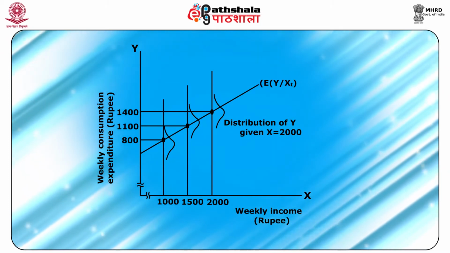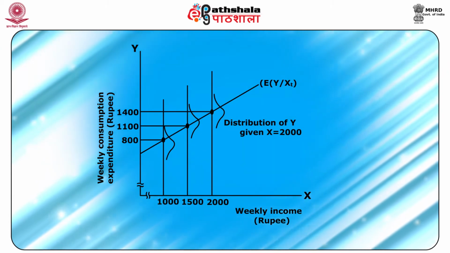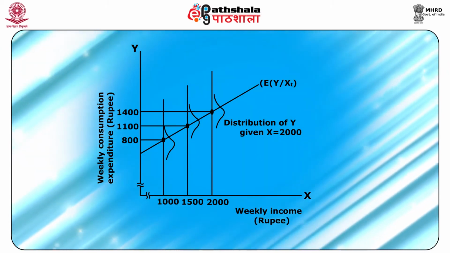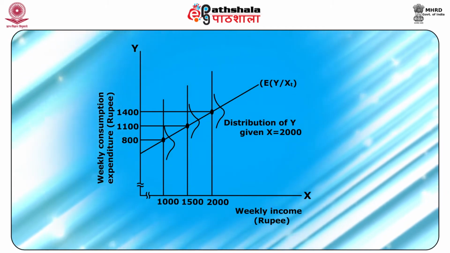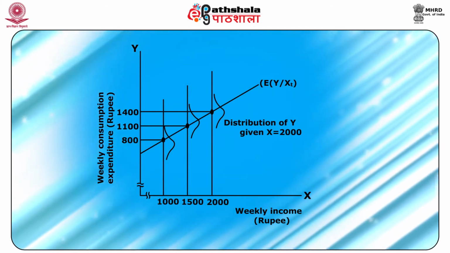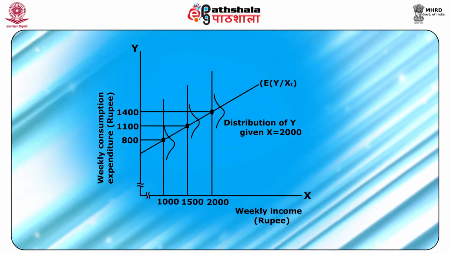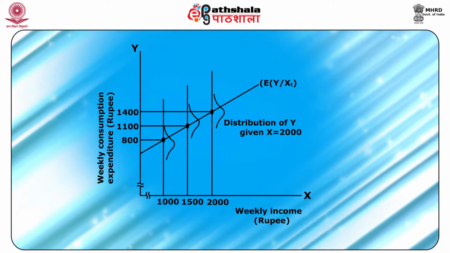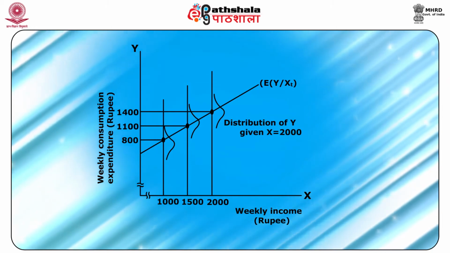We assume for simplicity that these y values are symmetrically distributed around their respective conditional mean values. Now, this can be seen in figure 1, which is before you, where you can see how for each level of weekly income, which is 1000, 1500, 2000, etc., we have these mean weekly consumption expenditures denoted by 800, 1100 and 1400.